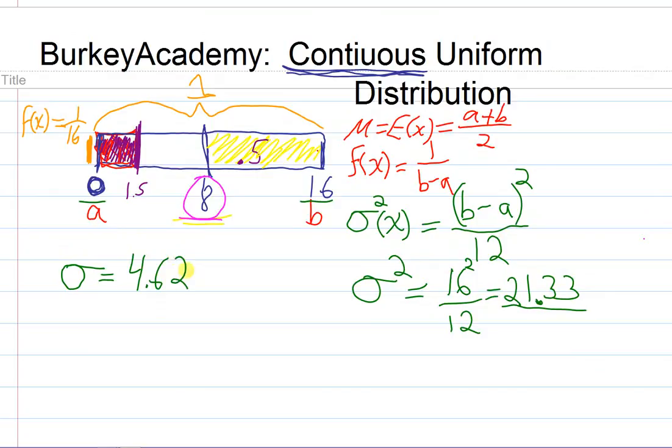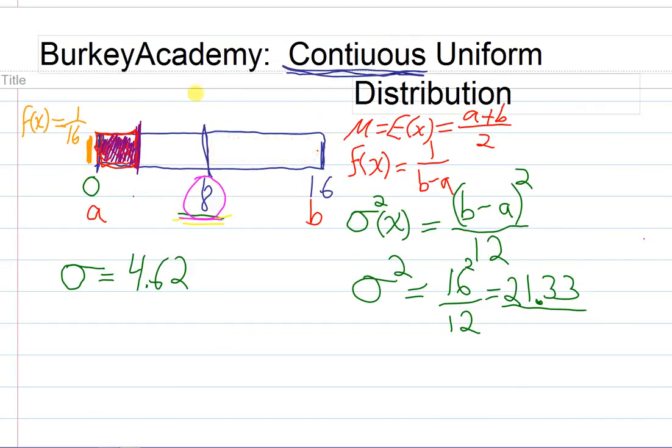What does that mean? Well, just like any standard deviation, we can interpret that to mean that if we start at the mean and we go up, let me clean this up a little bit here, it's getting a little junky.